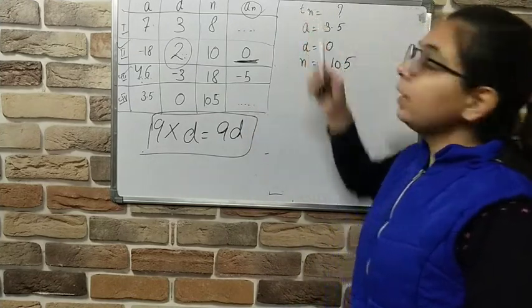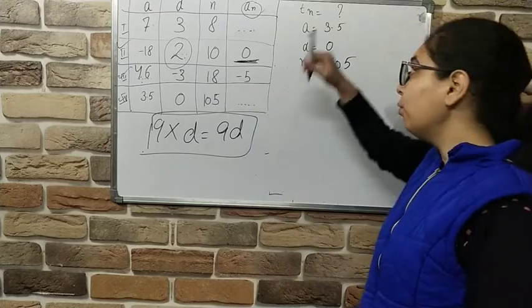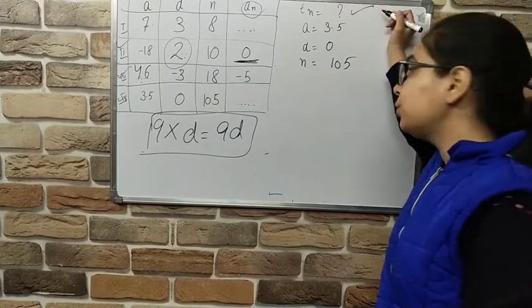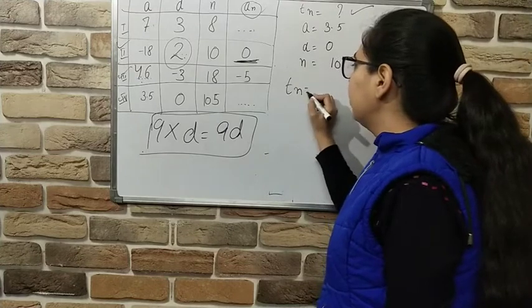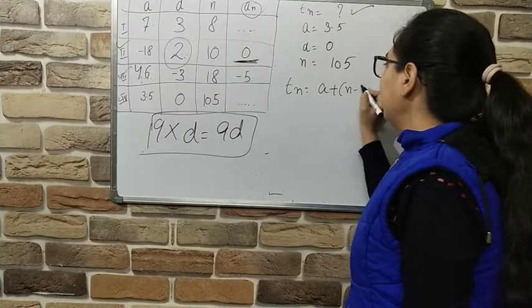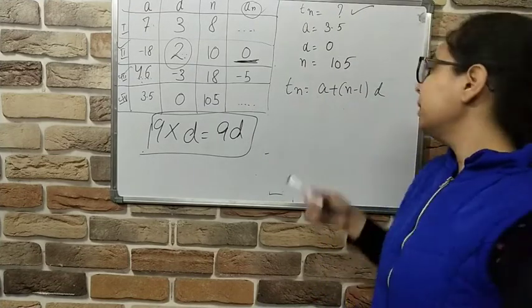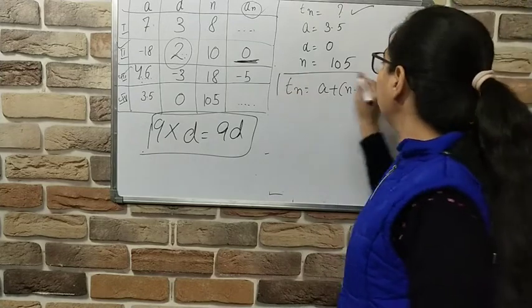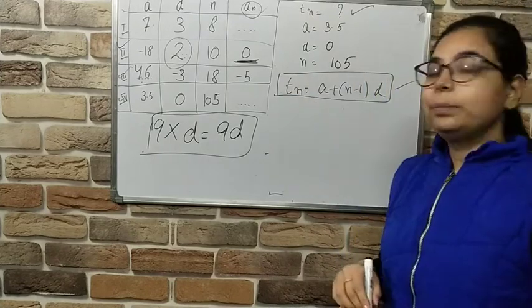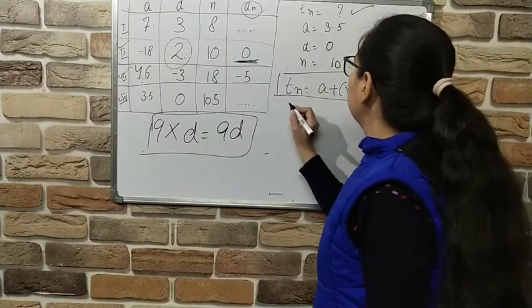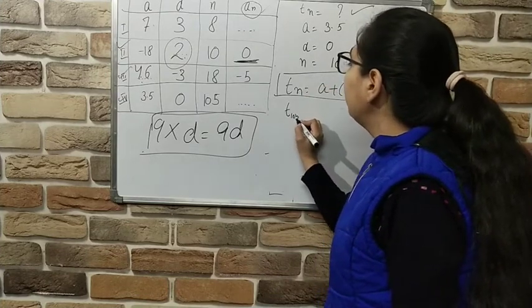We have to find the nth value. We know the formula to find the nth term: Tn equals A plus N minus 1 into D. Remember this formula, guys, you can solve any kind of problem with the help of this formula. Now we have to find T105.